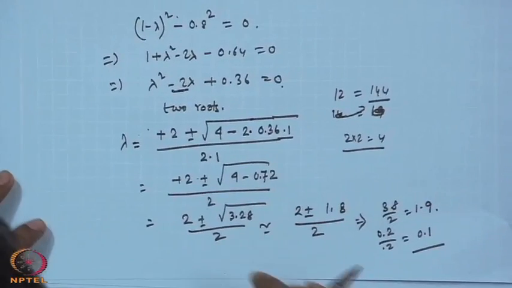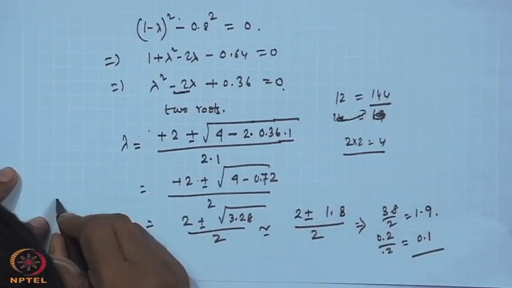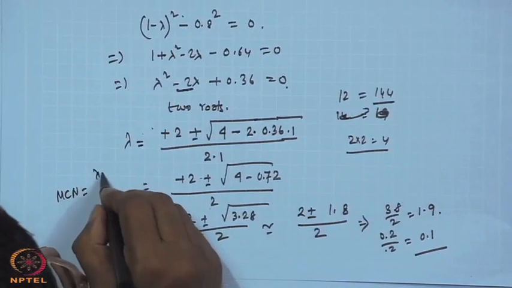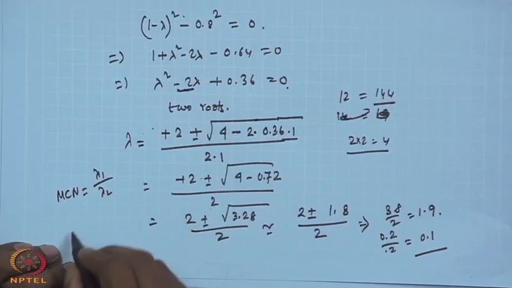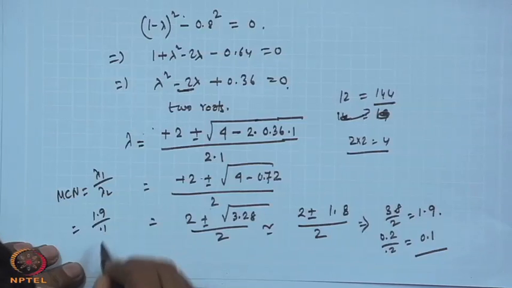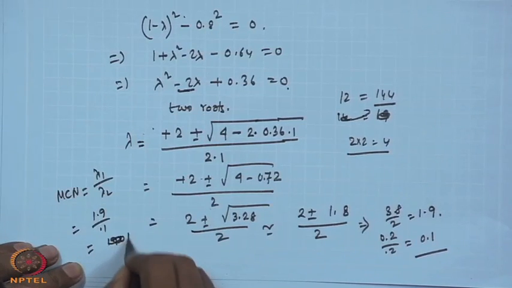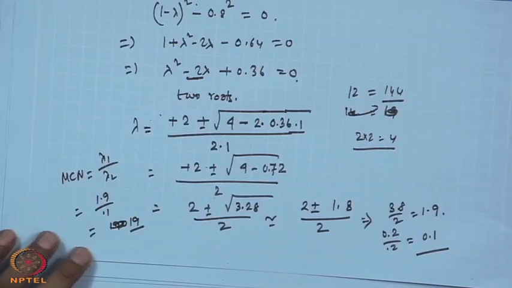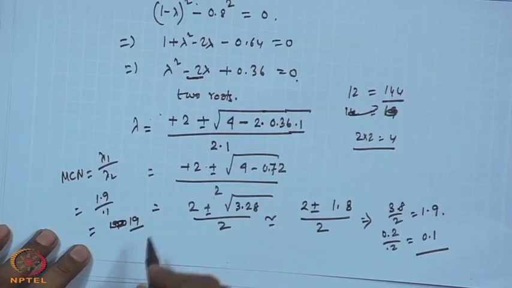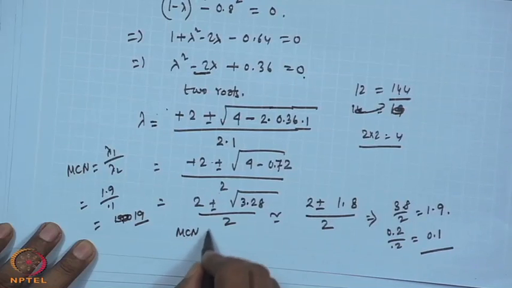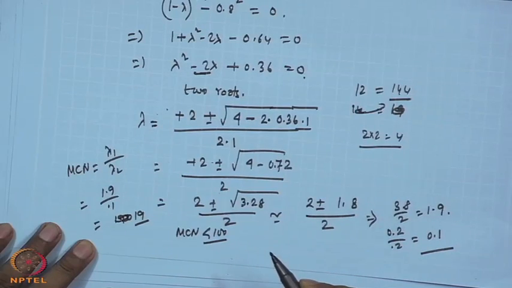Now, what is our MCN, the multicollinearity number? Lambda 1 by lambda 2, so 1.9 by 0.1, this is 19. So, what we have seen is that a multicollinearity number less than 100 is not a serious issue.